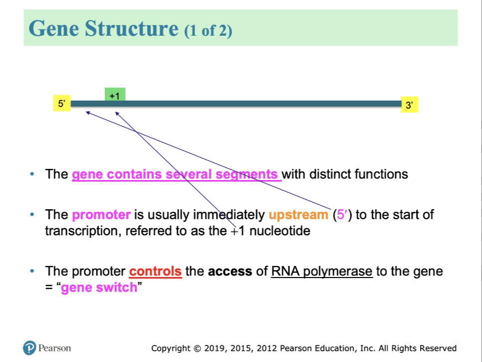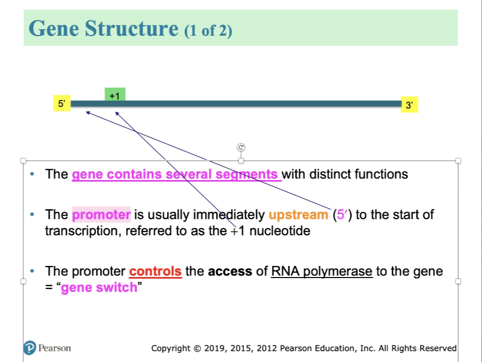Since we are focusing on bacterial genes in this section, we can make another generalization: for most bacterial genes, the switch that controls the activity of that gene is located directly in front, upstream of the +1 site, and that is called the promoter.